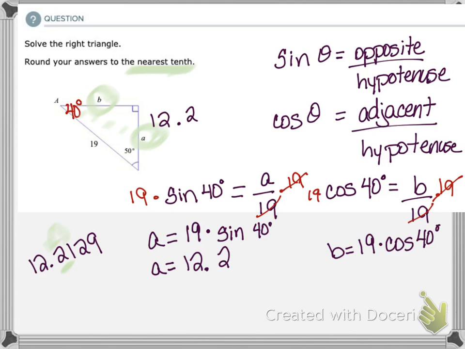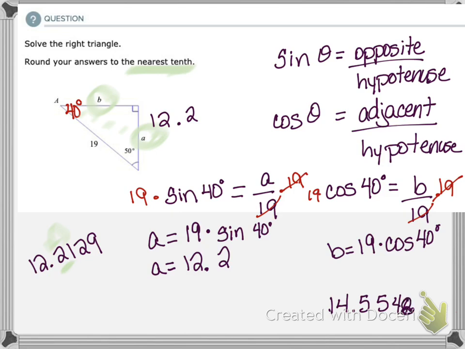Now I'm going to do this again. I'm going to find the cosine of 40, and then I am going to multiply that times 19. And when I do that, in my calculator right now, I have 14.5548.